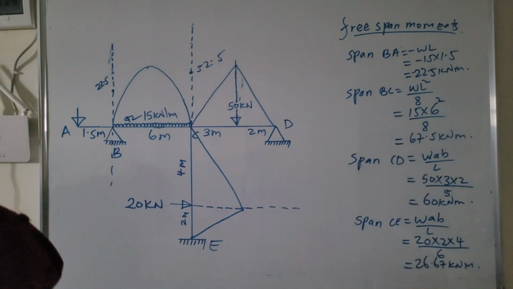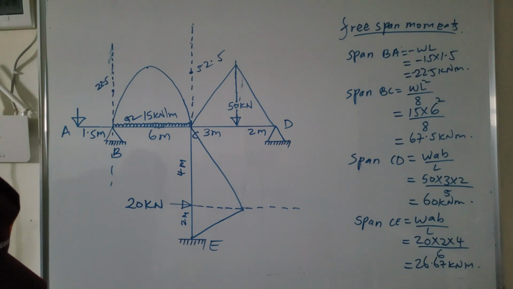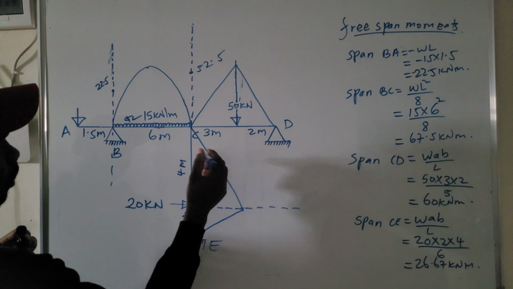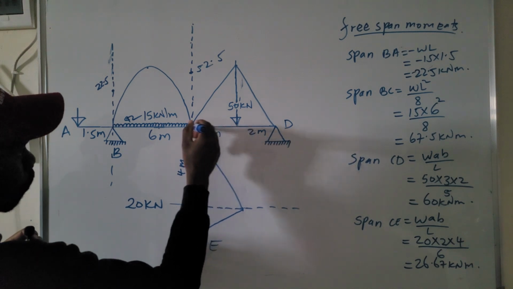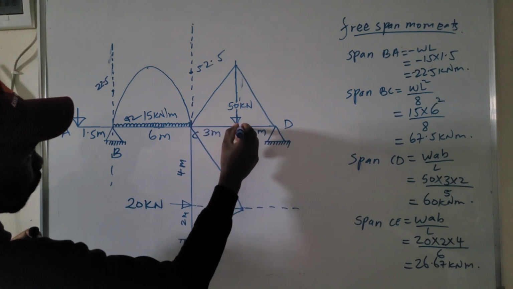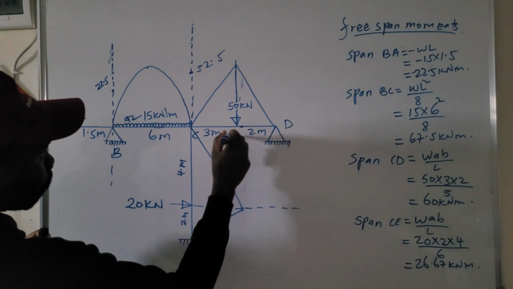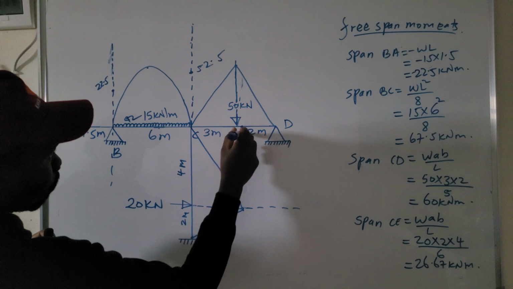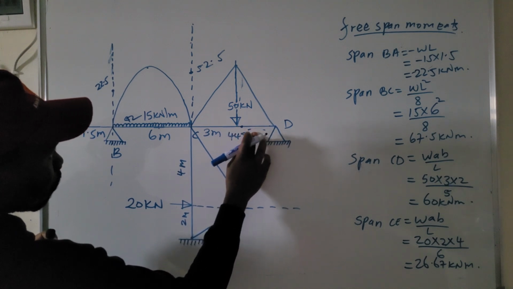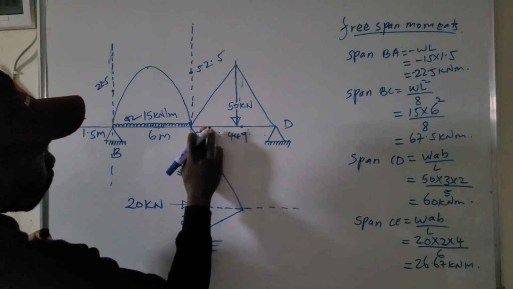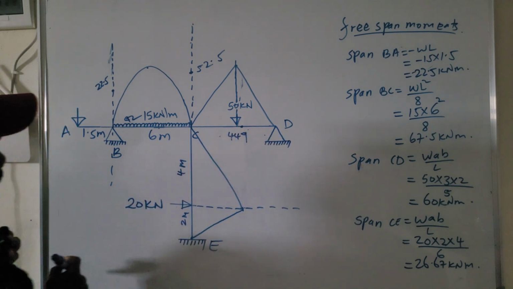We proceed to CD, 44.9. CD, 44.9. So we approximate along this line. So 44.9, like that.